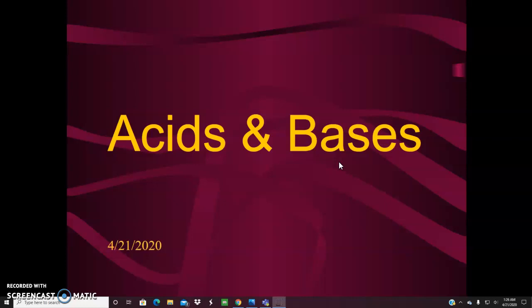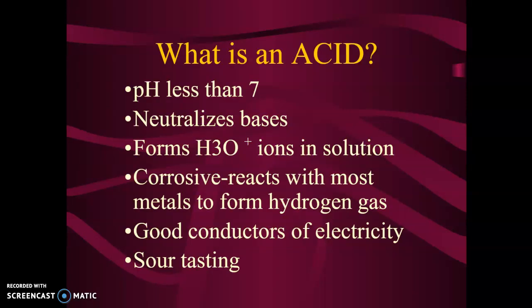Now, that effect can be seen. It does happen, but usually it takes several days if not weeks for that type of deterioration to occur. So, let's talk about what an acid actually is. So, what is an acid?